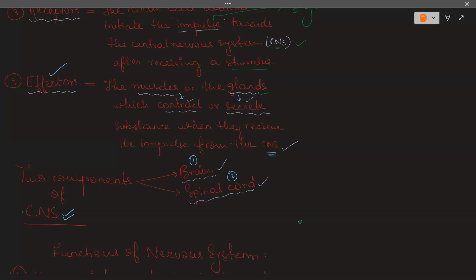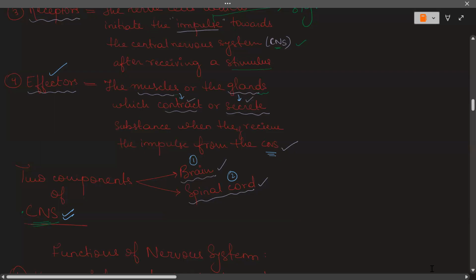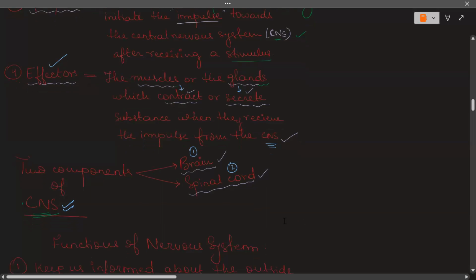It is sort of like the headquarters of our body, meaning every impulse that happens in our body, every work that we do, happens because of the combined effect of the brain and the spinal cord. The brain and the spinal cord are the two major components of the central nervous system. Clear? Yes, ma'am.